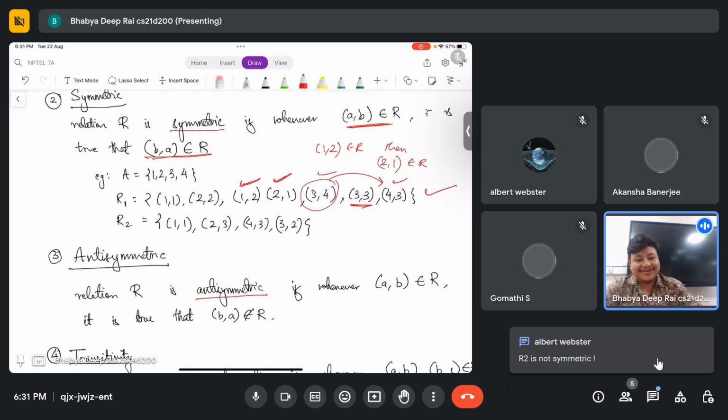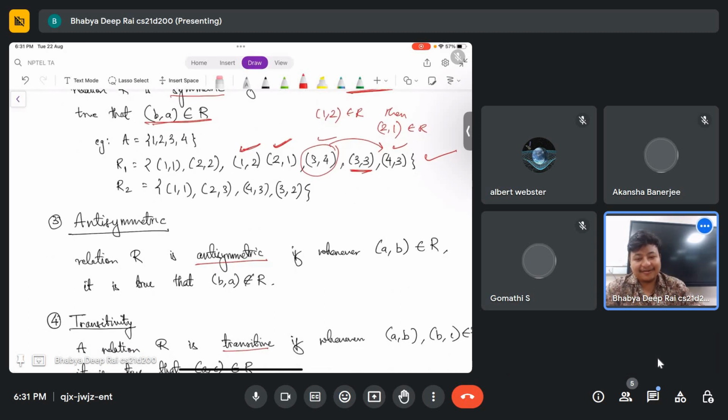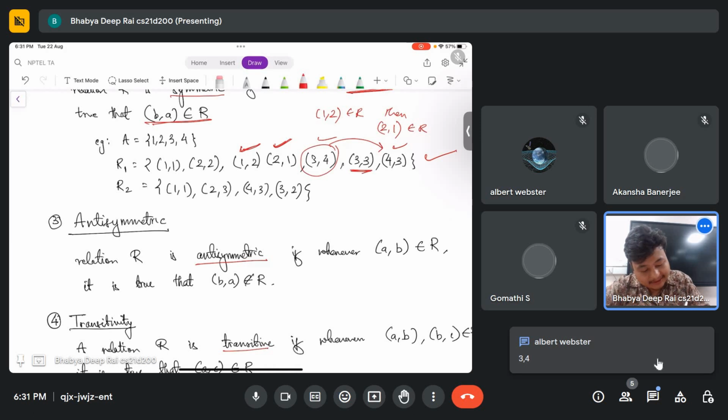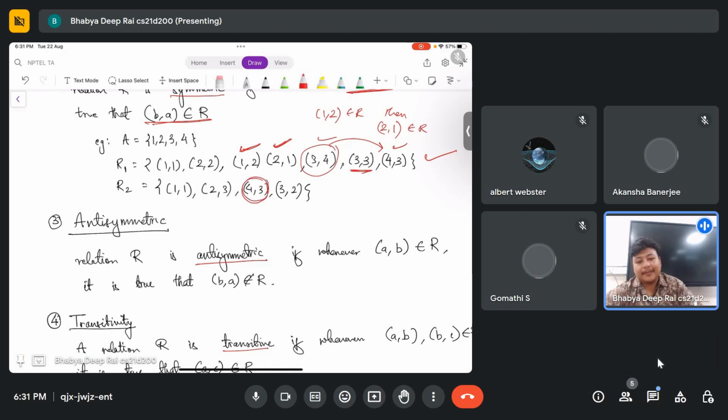Albert says R2 is not symmetric. Why is it not symmetric? Yeah, in R2, (3, 4) is not present. Good. So in R2, you have this element (4, 3).